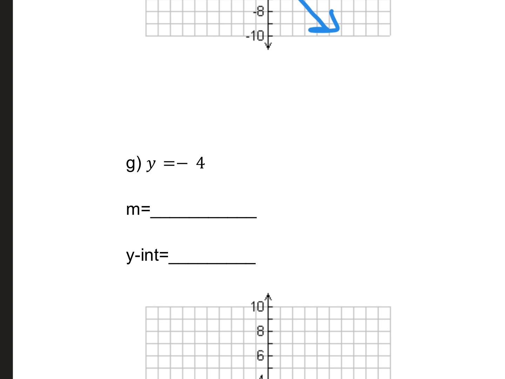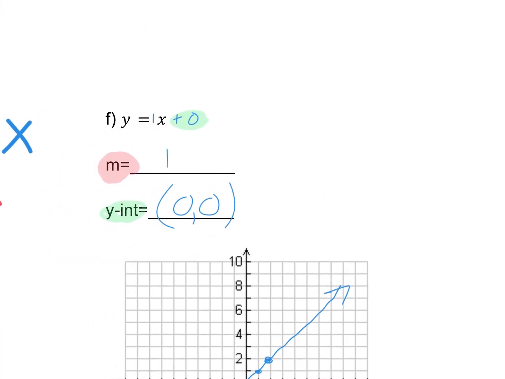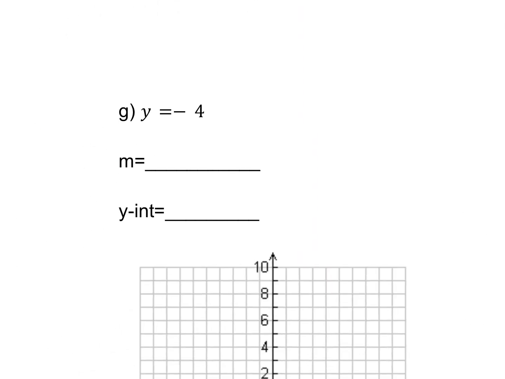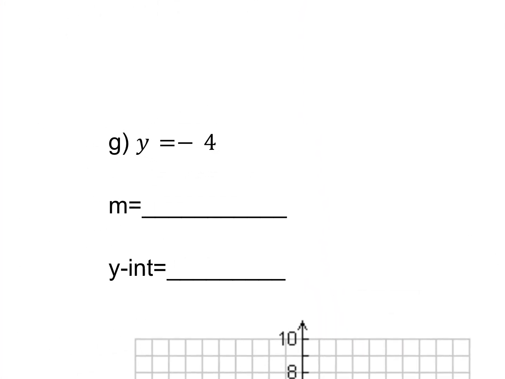Well, kind of like the last equation where I said there's no y-intercept value, but we can think of it as plus 0. In this case, there's no x value, but I could think about changing this to y equals -4 plus 0x.